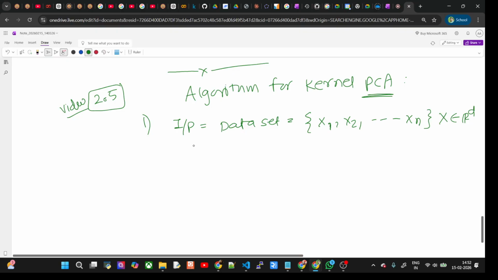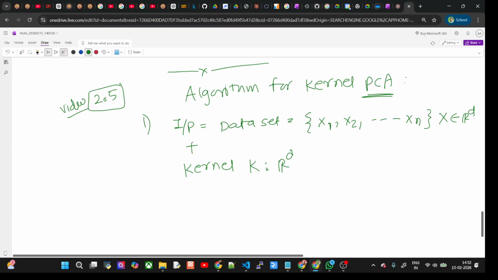And not only this, you also have another input. In PCA you have data, you calculate the mean, you center the data, which is fine. Here in kernel PCA, along with the data, you also have one more piece of information, your kernel. So the kernel function is also given to you when you are doing kernel PCA calculation.